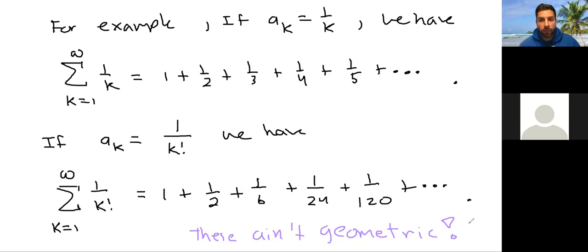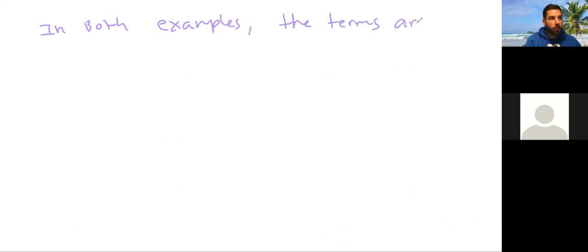What we want is to develop, hopefully, similar ways of analyzing these guys, just like we analyzed the geometric ones. So let's make a point about that, because it's going to be worth our time. Note, in both examples, the terms are going to zero.